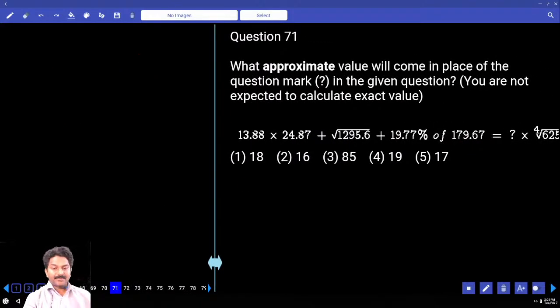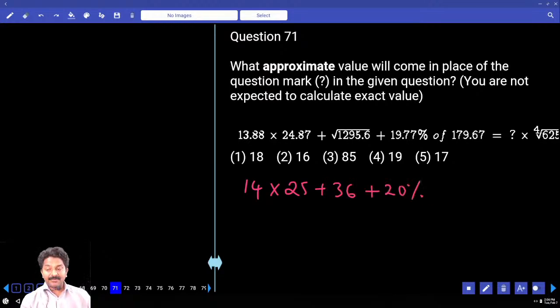Right. 14 into 25. Under root of 1295. 36 plus 20% of 180 is equal to x into 5 power 4, or 25 square. 4th root of 5 power 4, that is 5.